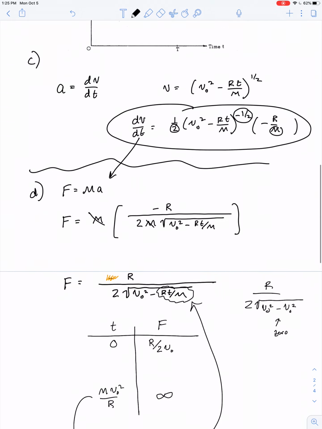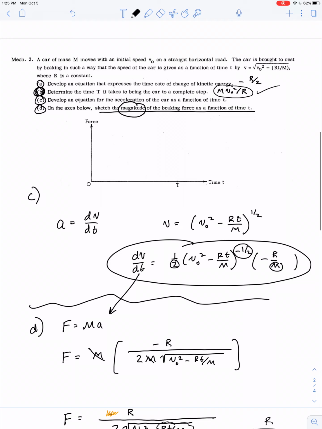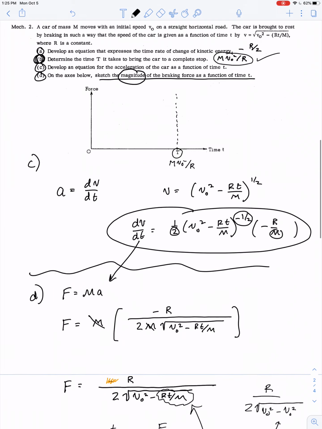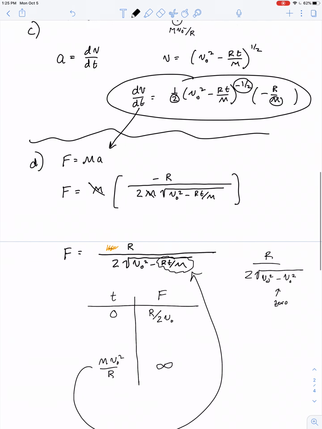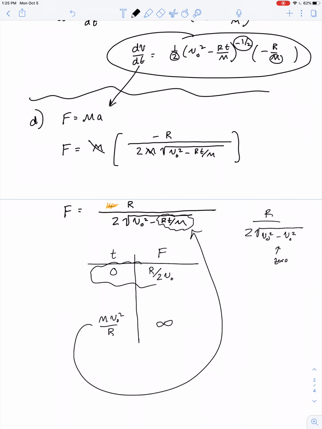That means on our graph, on the axes, this time t, which we know is the same thing as m v naught squared over r, becomes a vertical asymptote. The initial force is not 0. The initial force we found here in our data table is equal to r divided by 2v naught.